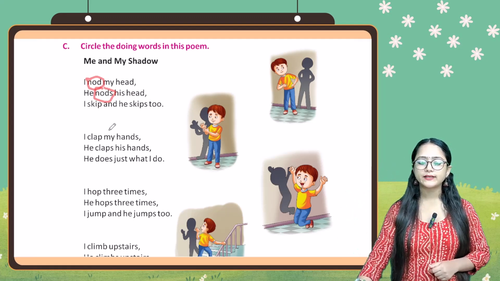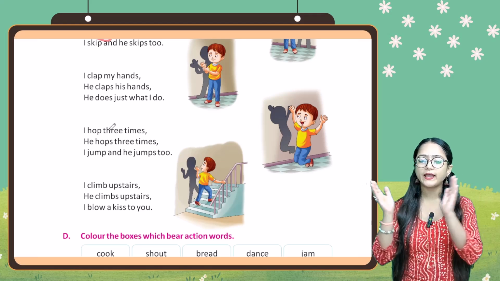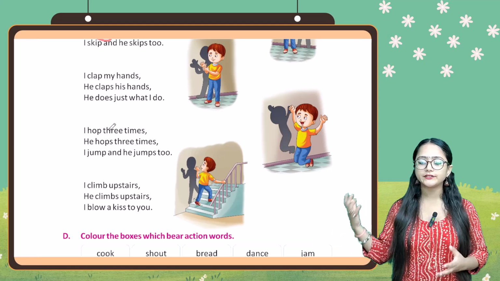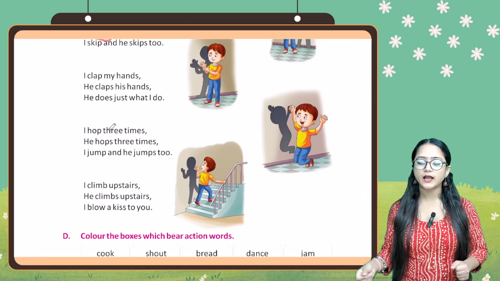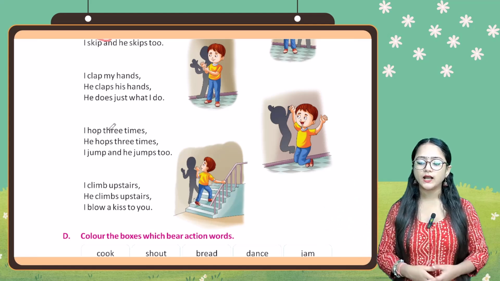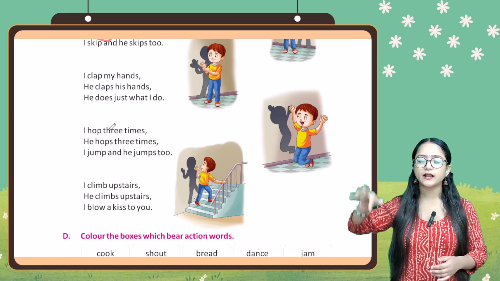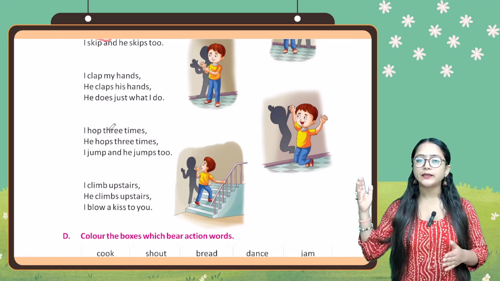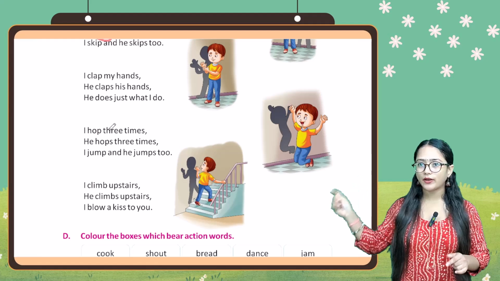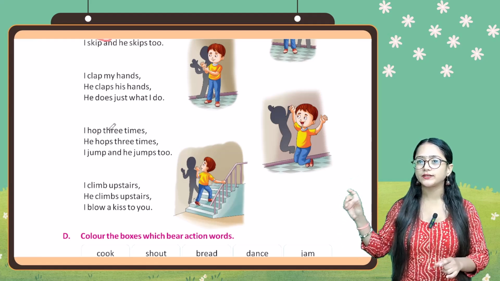Next line it is saying, I clap my hands, he claps his hands. He does just what I do. I hop 3 times, he hops 3 times. I jump and he jumps too. I climb upstairs, he climbs upstairs. I blow a kiss to you. Basically, whatever the boy is doing, his shadow is also doing the same thing.